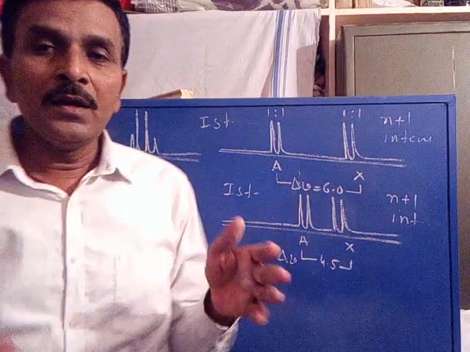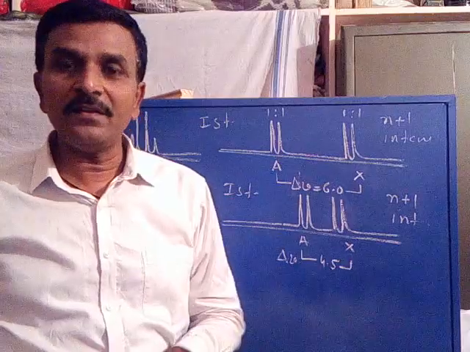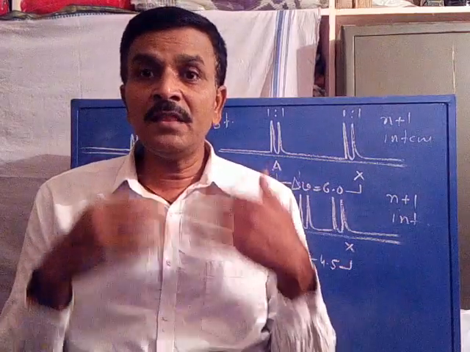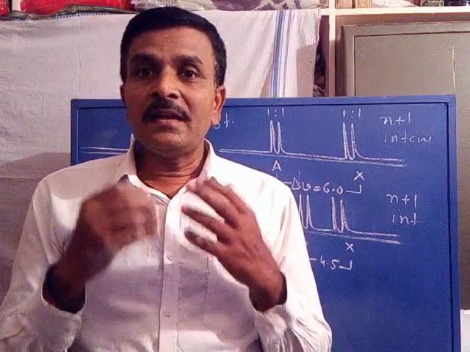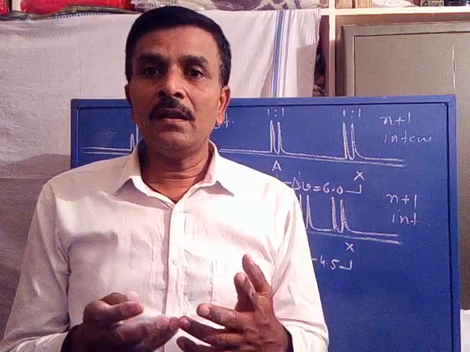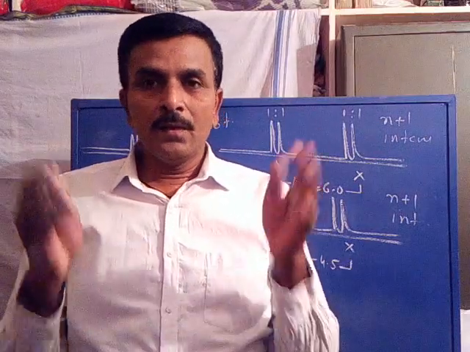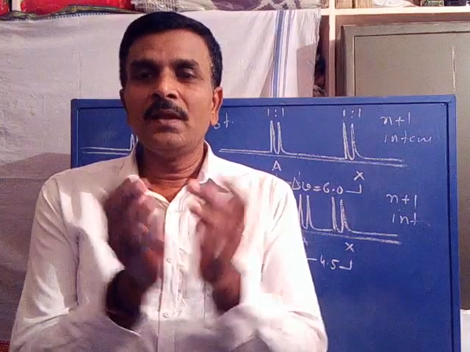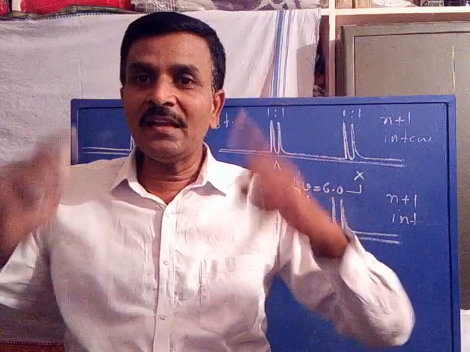This happens due to closeness. Is it clear? That is, as the frequency difference between the coupled sets of protons decreases, the intensity of the signal is no longer symmetrical. Why? During the moving together, the inner lines increase in intensity and the outer lines decrease in intensity.